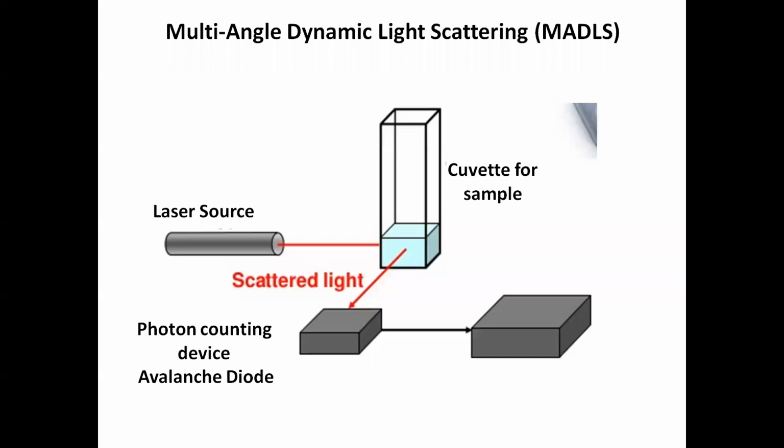Scattered light means you have a laser source, then you have a cuvette for the sample. The scattered light will come, that will reflect out, and then a photon counting device is there. So avalanche type diodes are used for that, and then the image and data will be processed by means of a computer and software.